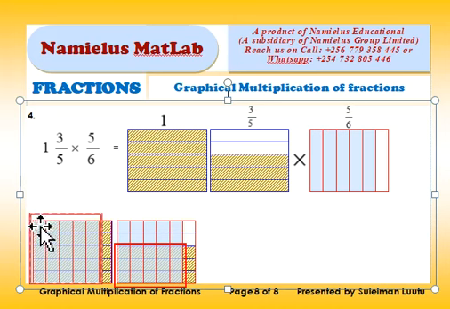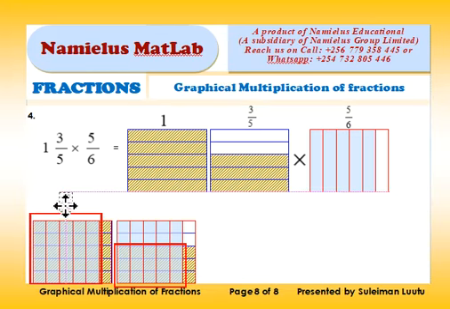The small squares are 1, 2, 3, 4, 5. And then going down, 2, 3, 4, 5. So that means there are 5 by 5, which is 25 out of 30, which is that.